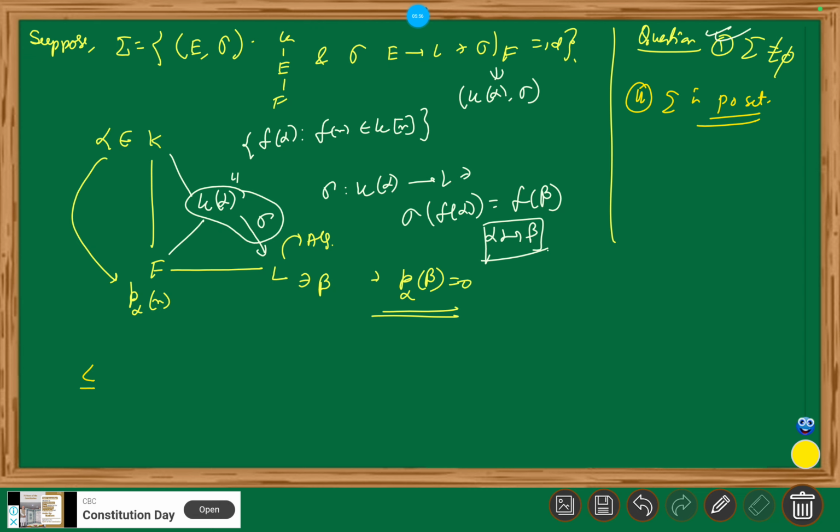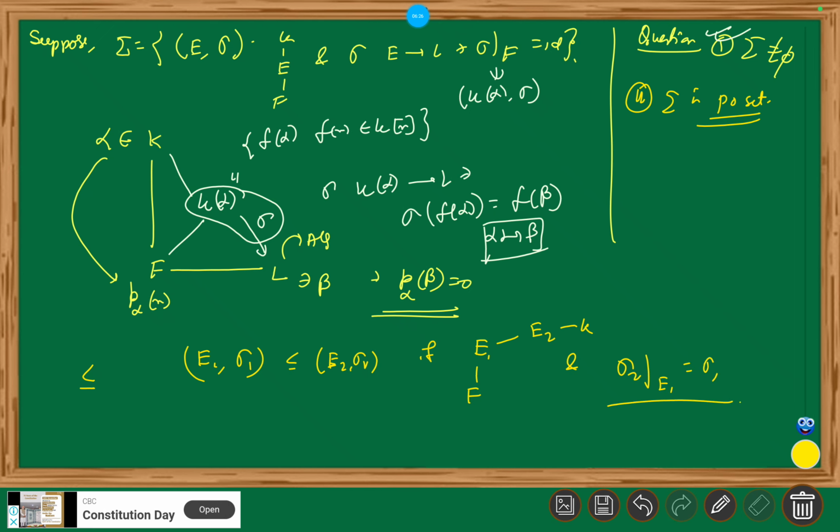So define, let's say, E1 comma sigma 1 is related to, less or equal to, E2 comma sigma 2 if E1 is an intermediate extension of E2, K and F, and sigma 2 restricted at E1 is equal to sigma 1 itself.